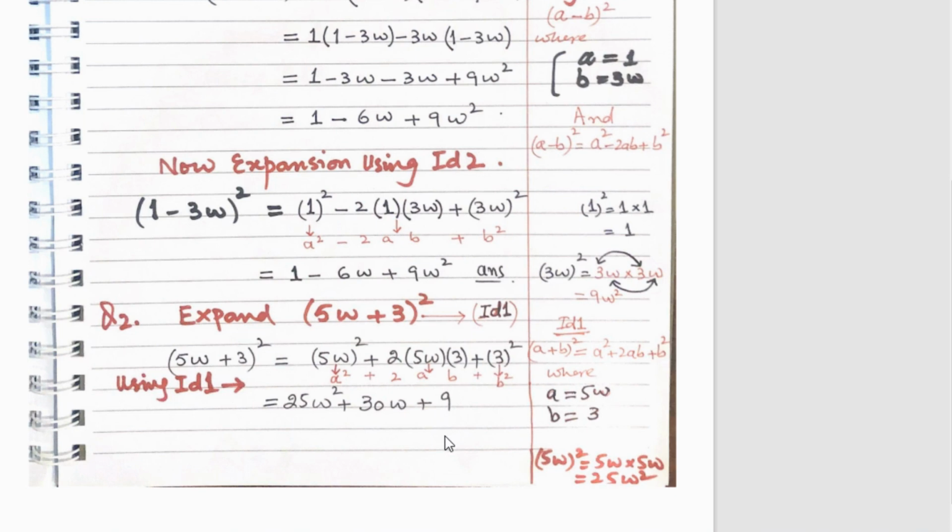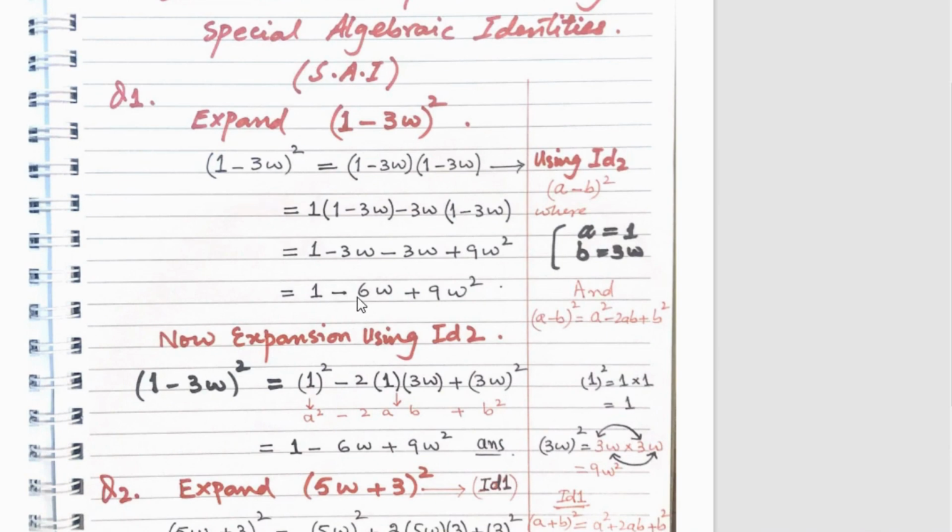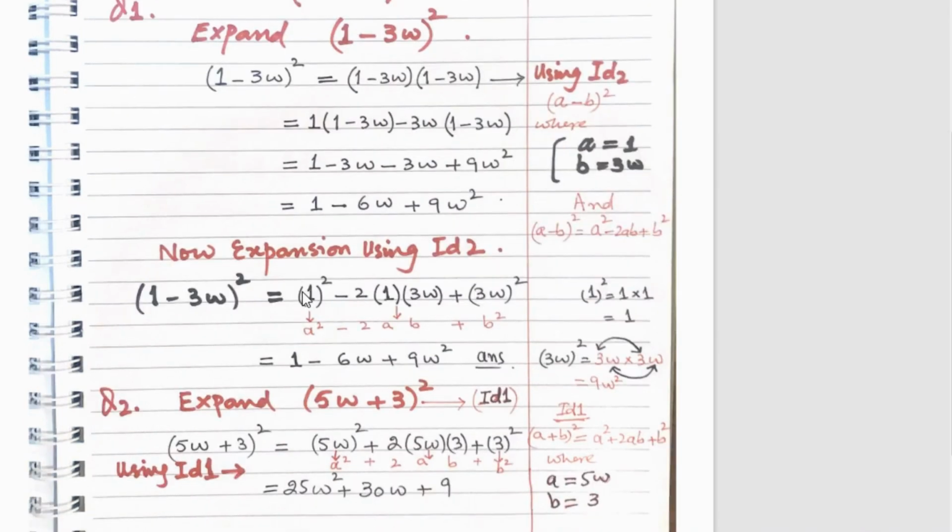If it is said to strictly use identities, never go to this method. I have given you this method just to show you what students do in the papers. We have observed many times, whenever it is given to expand using identities, students just write down the term and expand it with the help of factors and get 0 marks. So please be careful while doing such sums in which instructions are strictly given to you.